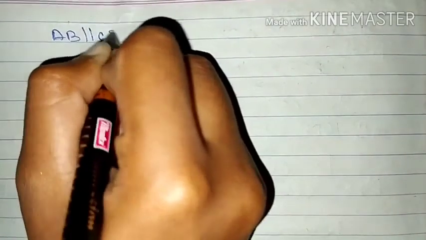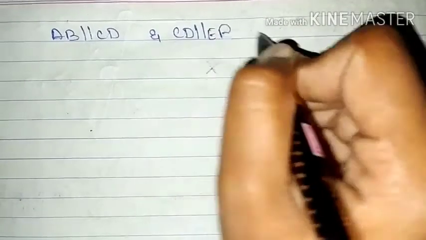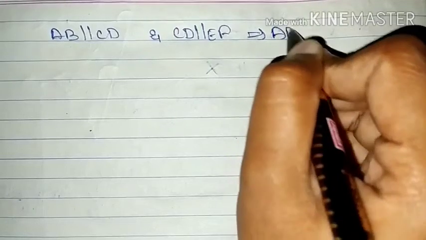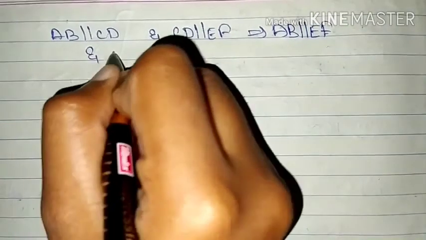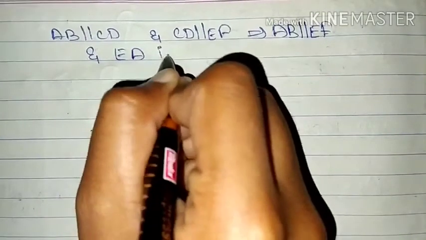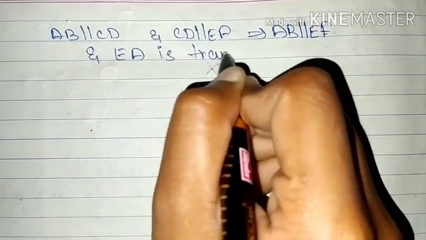Here you will find that angle BAE, we know that AB is parallel to CD and CD is parallel to EF. This implies AB is parallel to EF and EA is the transversal.